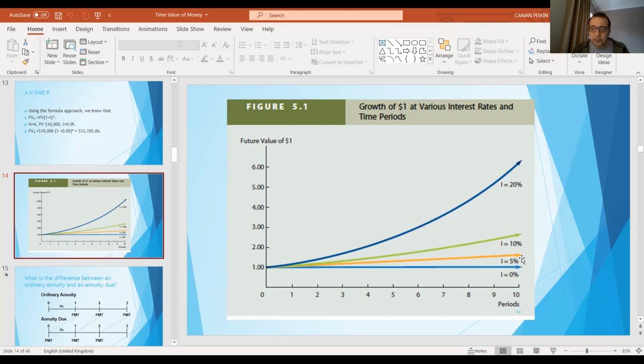If the interest rate is 5%, then in 10 years' time it's slightly higher than $1. If the interest rate is 10%, you have doubled your money. If the interest rate is 20%, it's more than 6. As you have seen, both time and interest rates have a huge effect on money.